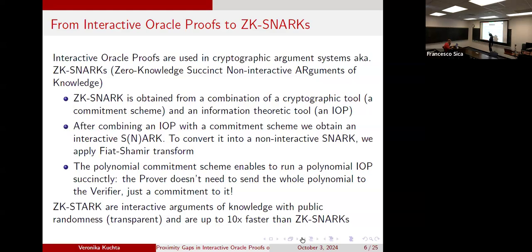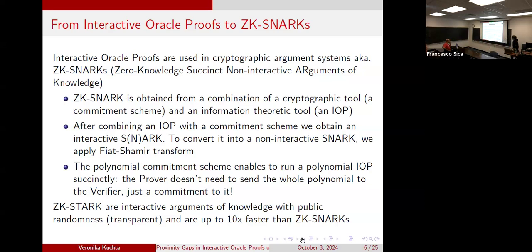And so if you combine an interactive system with a commitment scheme, we have a SARK, right? We don't have the N, we don't have the non-interactiveness yet. But to convert this SARK system into a SNARK, into a non-interactive cryptographic proof system or argument system, we apply a technique which is very widely used in cryptography to turn interactive systems into non-interactive protocols. This is the Fiat-Shamir transform.